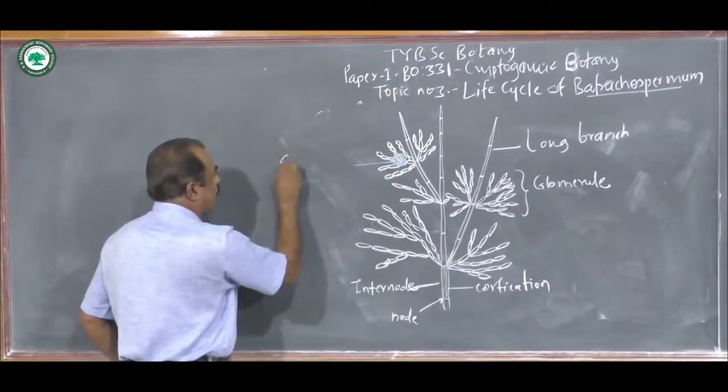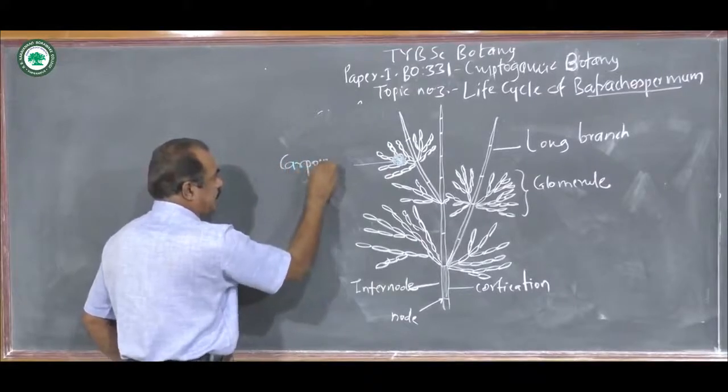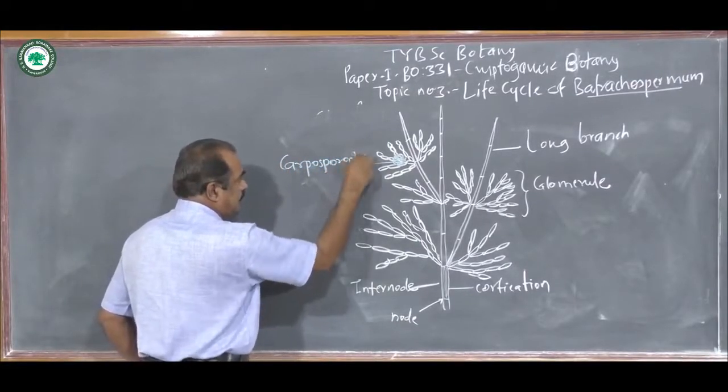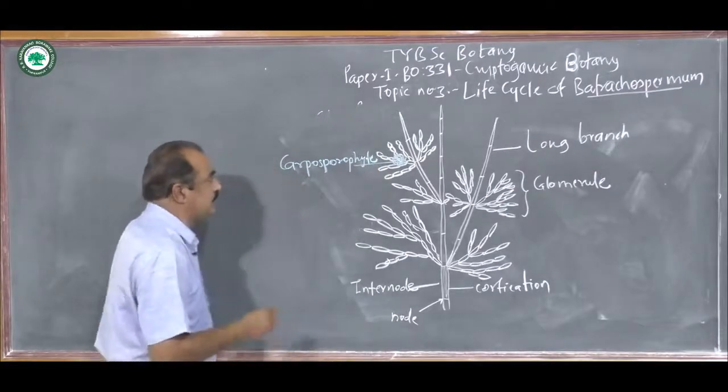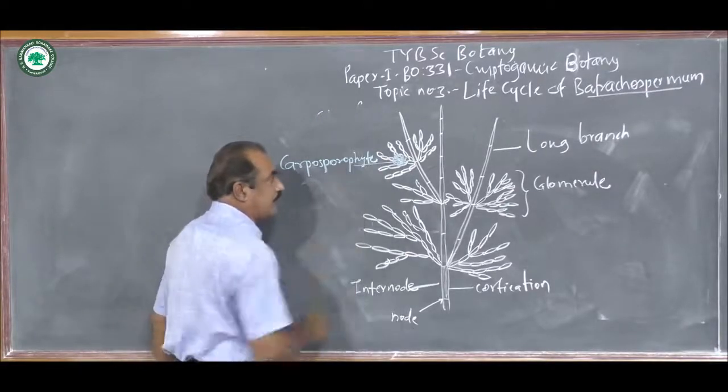This is the carposporophyte, which is the reproductive structure, one stage in the life cycle of Batrachospermum.